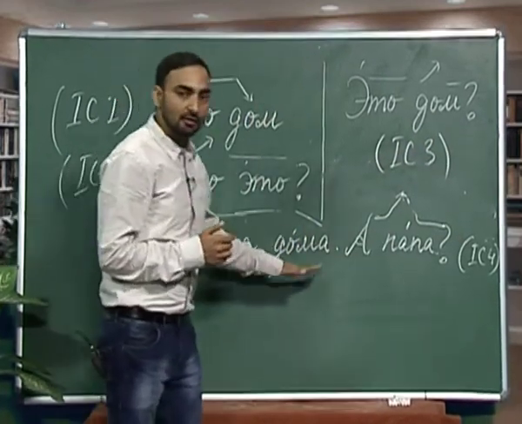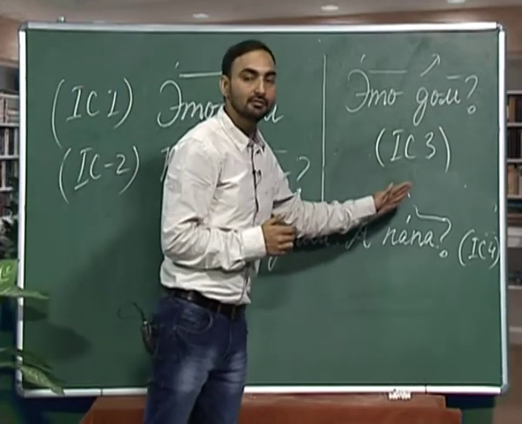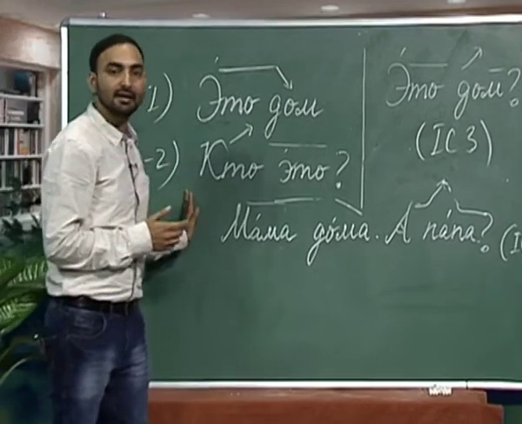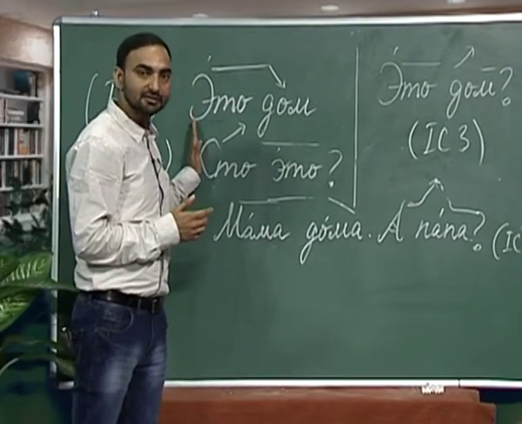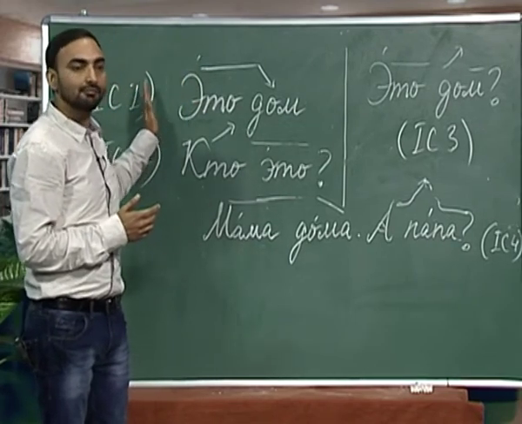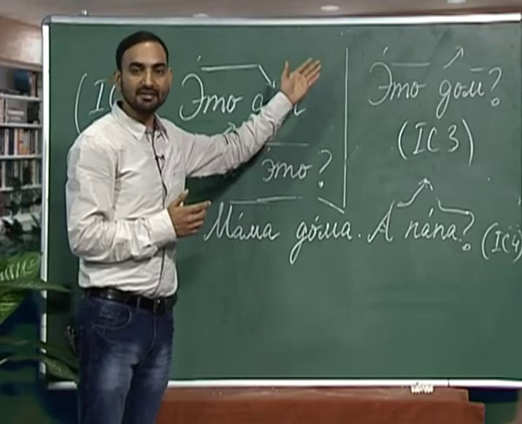Мама дома, а папа? So, you must have understood, these are the basic intonation constructions in the Russian language. There are some more, but we will do those in the next classes.